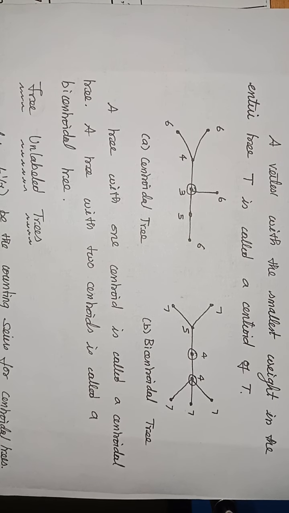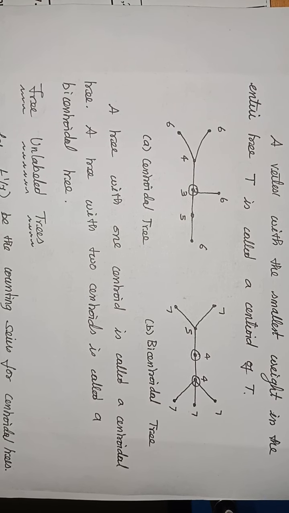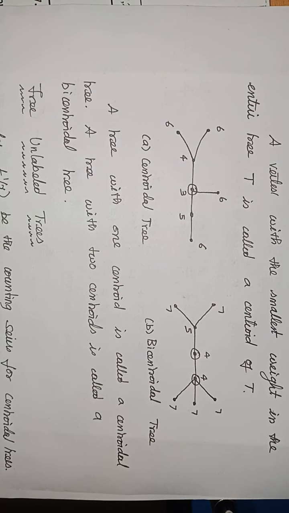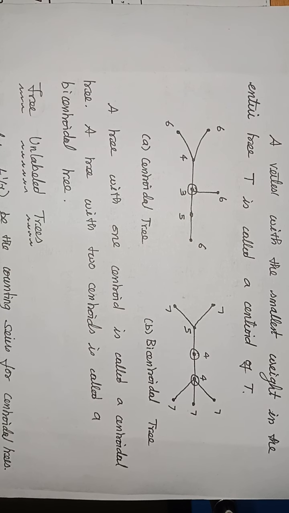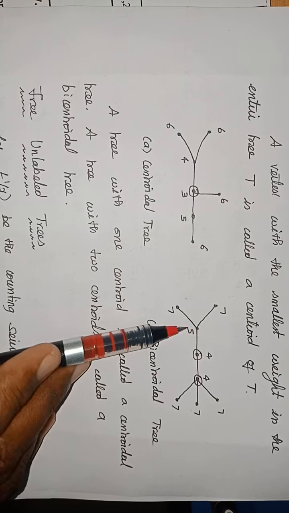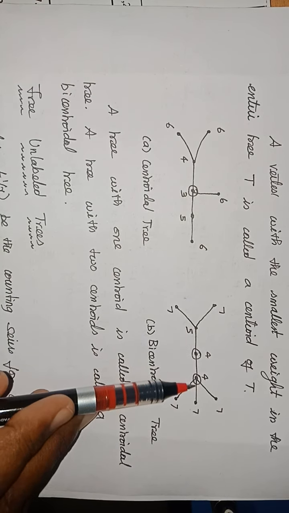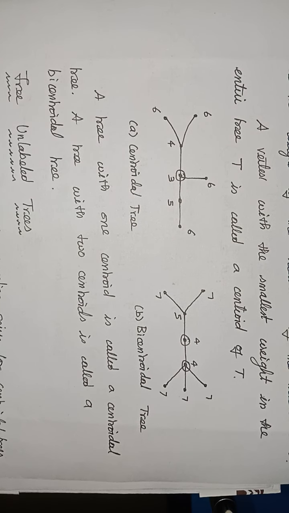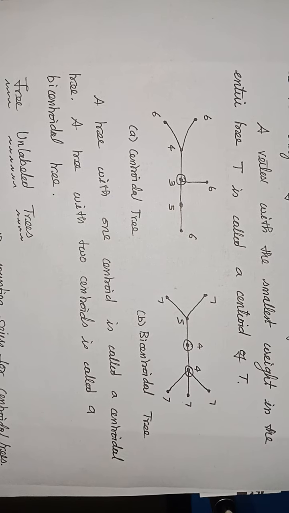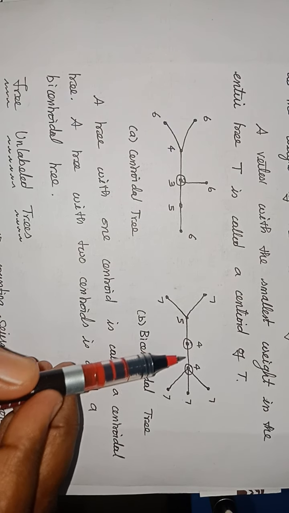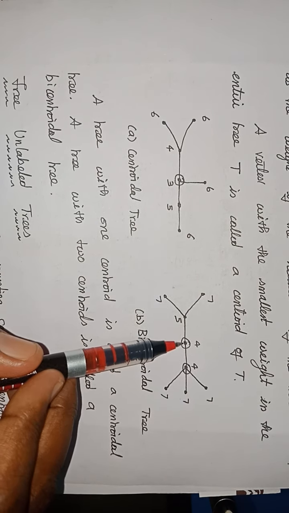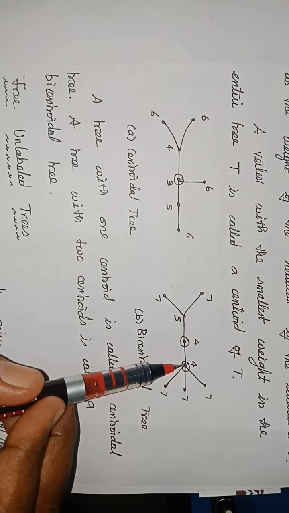So what I have to find is how many possible 4-vertex rooted subtrees can be formed. I have to choose any 2 of them and fit them with these 2 vertices. So I will get different types of trees. Let me explain once again. I am going to split this one. This is one subtree with the root as this vertex, and you will get another subtree with the root as this vertex.